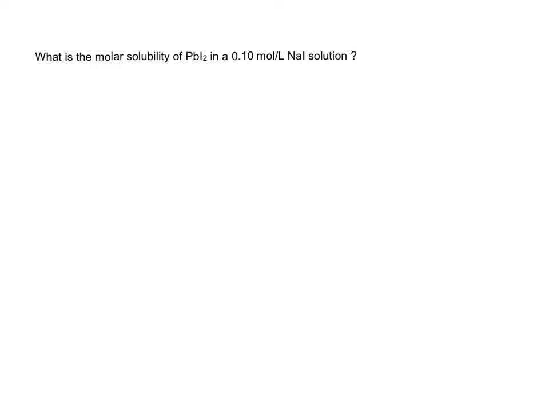All right. What is the molar solubility of lead iodide in a 0.1 molar solution of sodium iodide? Okay, sodium iodide is very soluble. We would get sodium ions and iodide ions.